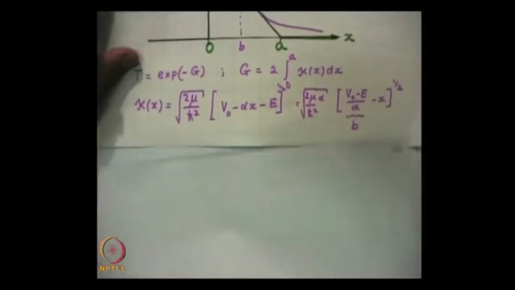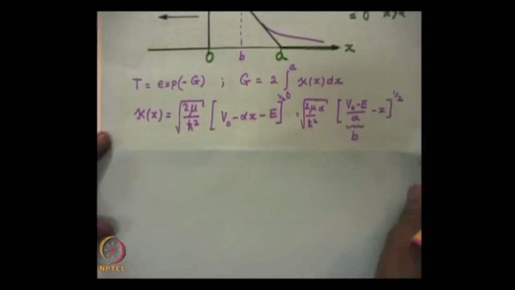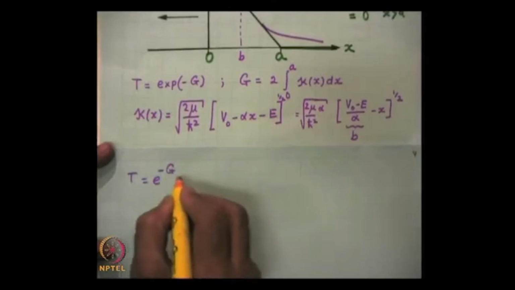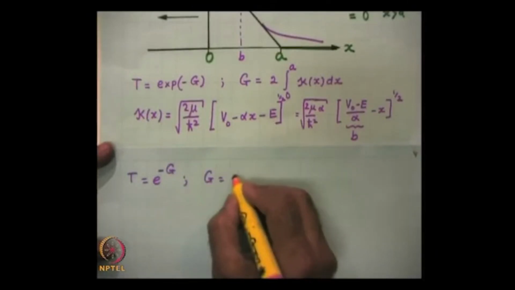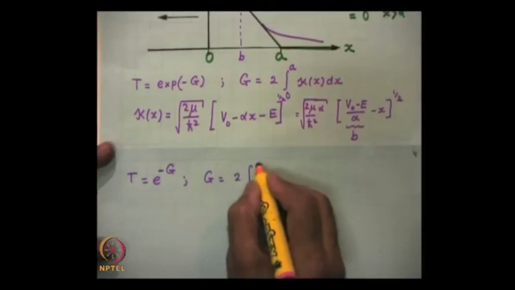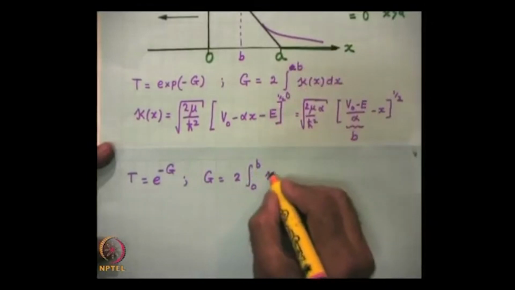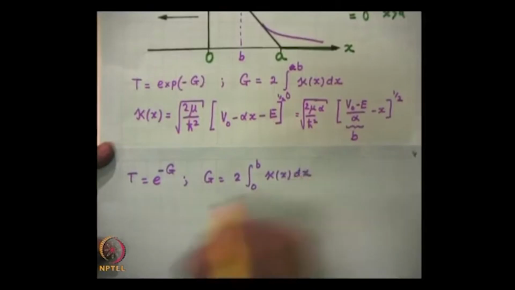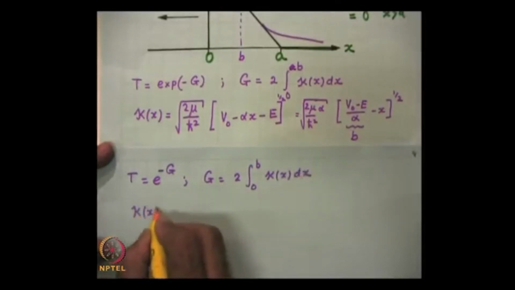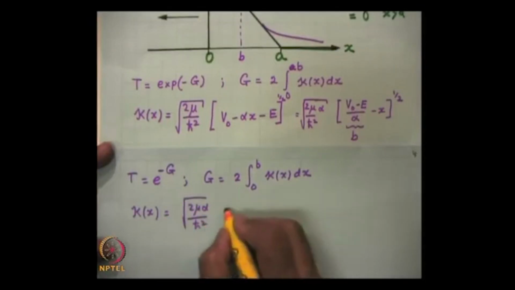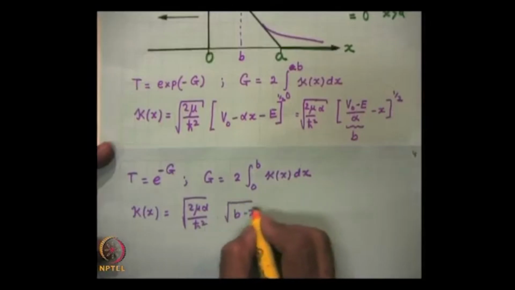Let me write it down once again, that T is equal to e to the power of minus g, g is equal to 2 integral 0 to, actually it should not be a, to the turning point 0 to b kappa of x dx, and my kappa of x is equal to 2 mu alpha by h cross square under root of b minus x.